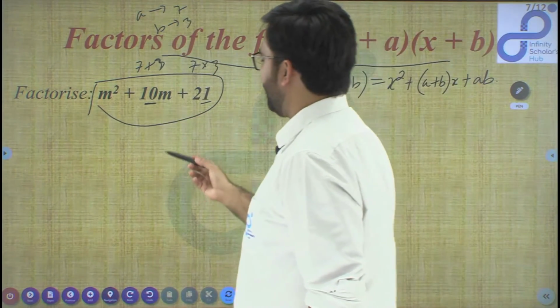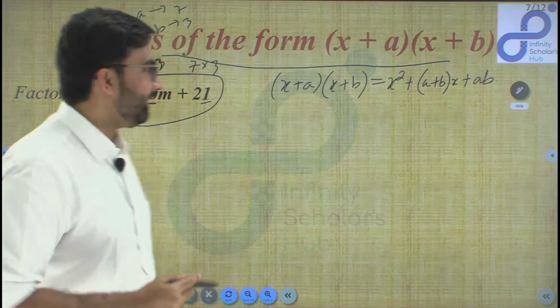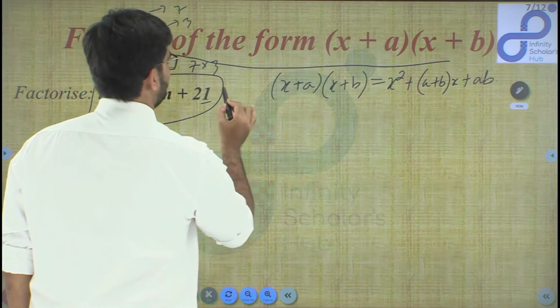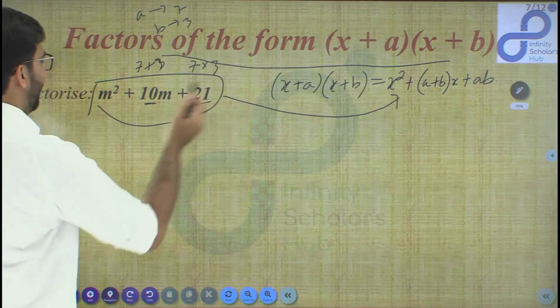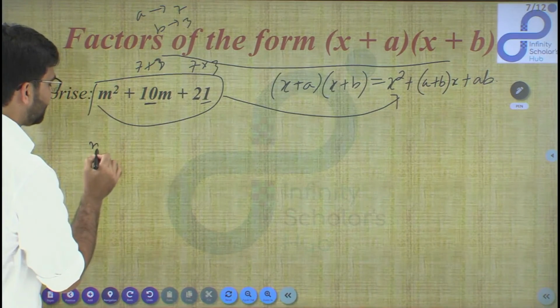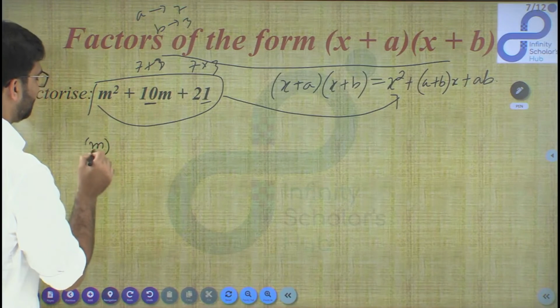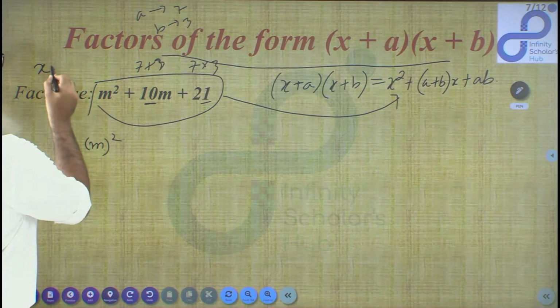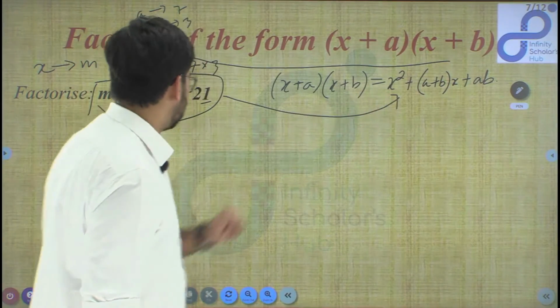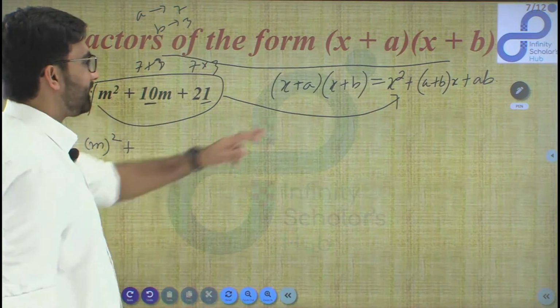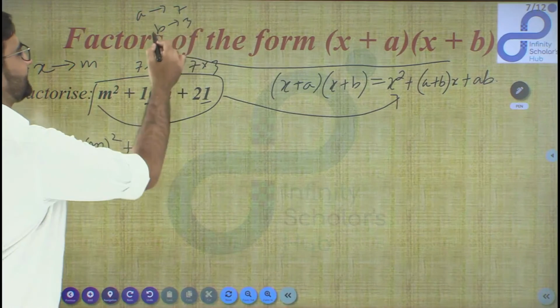So let's write it down. First of all, let's compare the given expression to this identity. So x squared, so my x is what, my x is m. Now after that plus a plus b, so I considered my a as 7 and my b as 3.